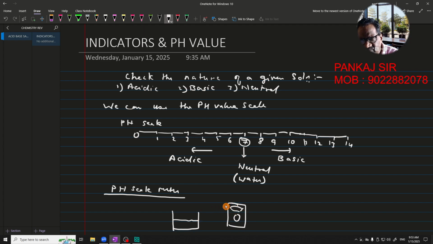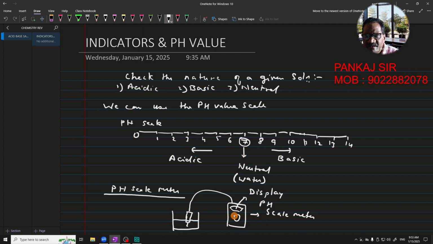You can just dip the electrode into this solution and this pH meter will automatically display the pH value of the solution. Whatever the pH value of the solution is, it will be flashing over here on the display.